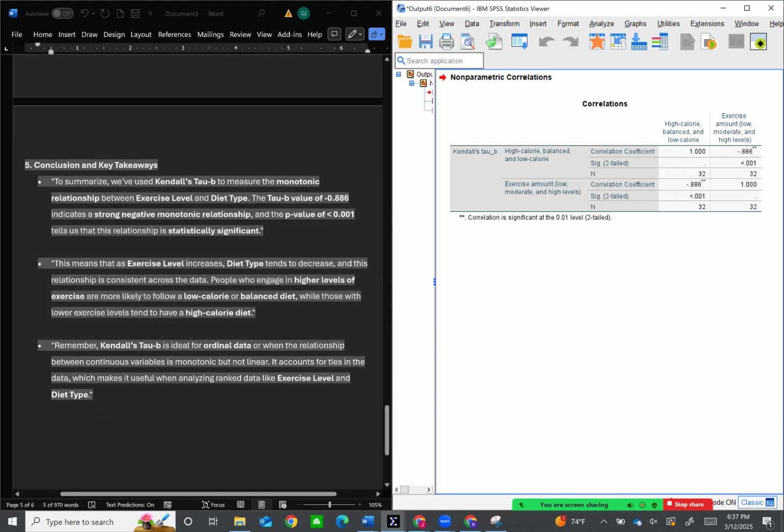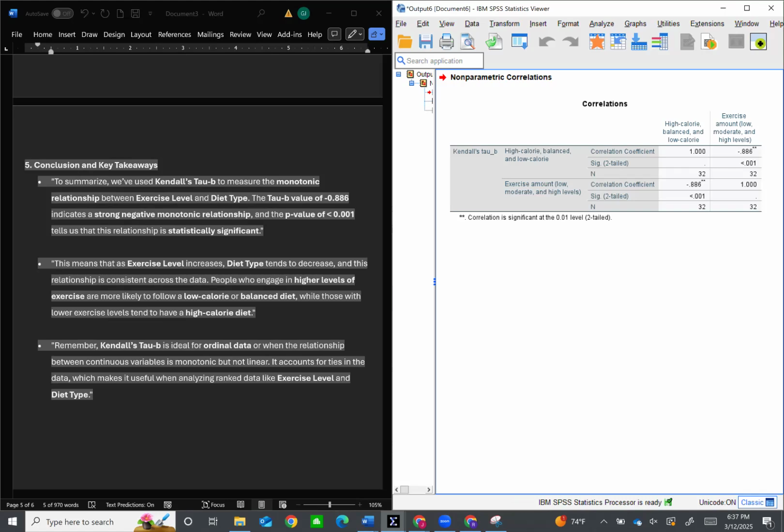And so what does it all mean? Again, as one's exercise level, according to this data set, increases, diet type tends to decrease to a moderate or low diet type pretty consistently across the data set.